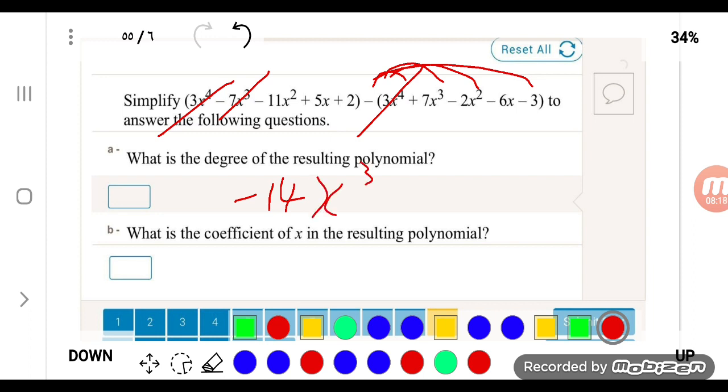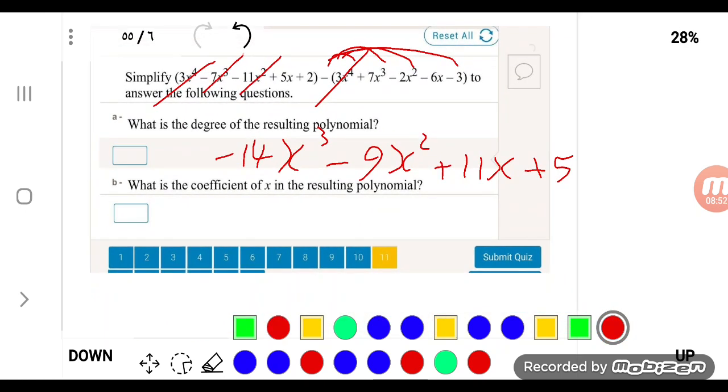Okay, then minus 11x squared minus minus 2 becomes plus 2, so you get minus 9x squared. And then 5x minus minus 6x, it becomes a plus, so 5x plus 6x, you get plus 11x. Then 2 minus minus 3, and this will be 5, so plus 5. And that is the answer to question A.